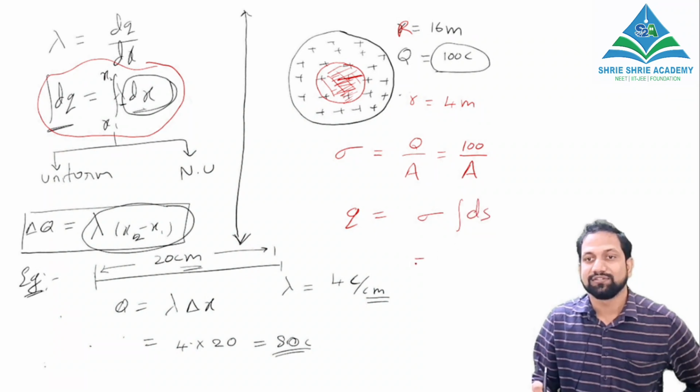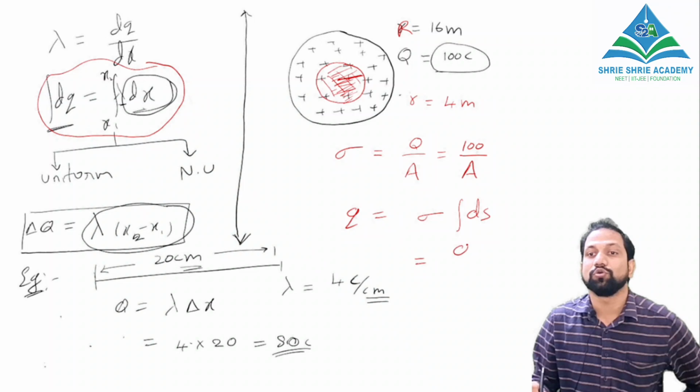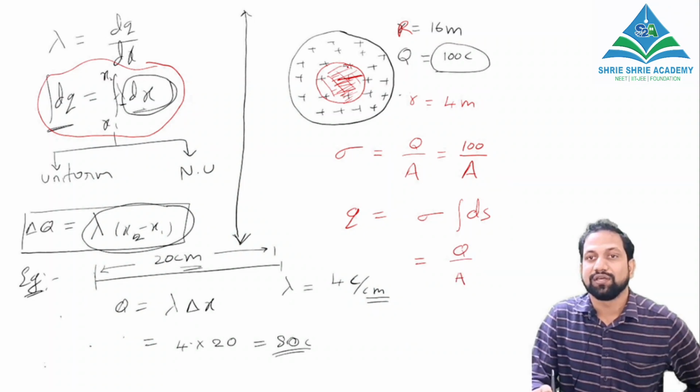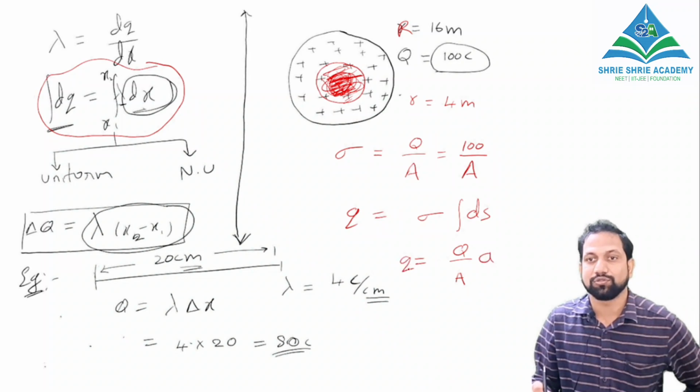Sigma is going to be Q by A. Integral ds means the area which has been removed, this red area, say small a.